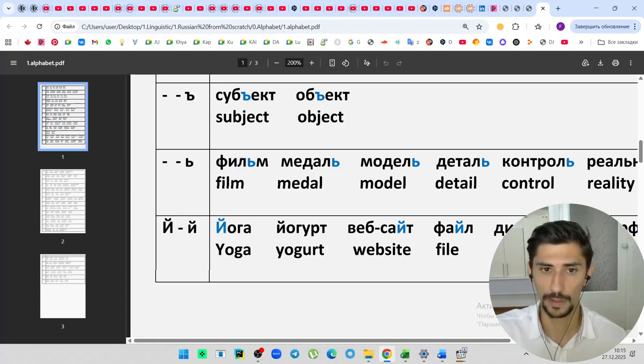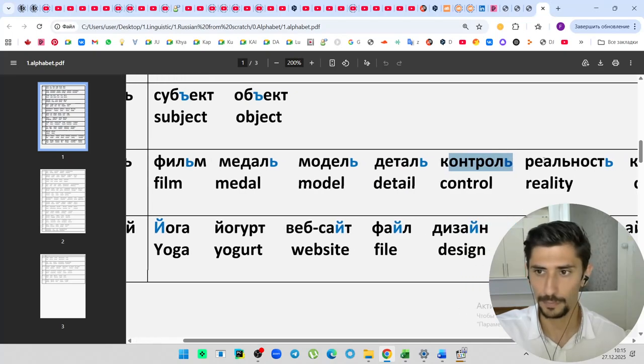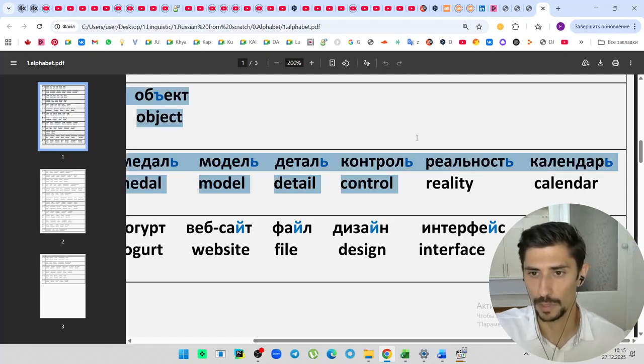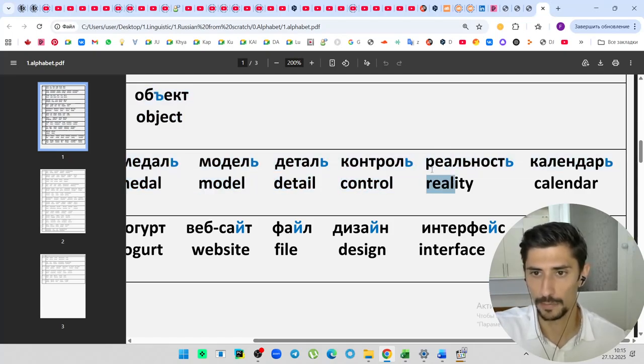So it would be film, медаль, модель, деталь, контроль. Next example is actually reality. It would be реальность. As you can see, we have the same root. Реаль, real, реаль.